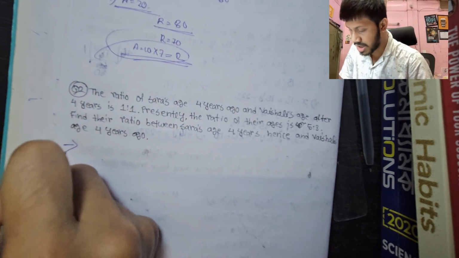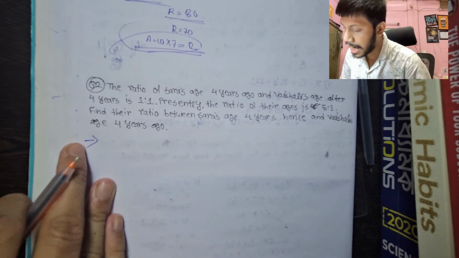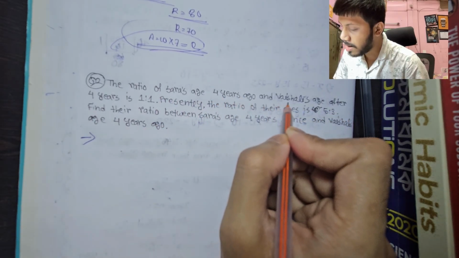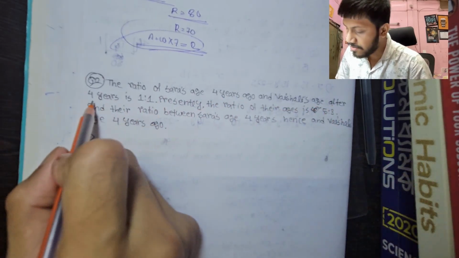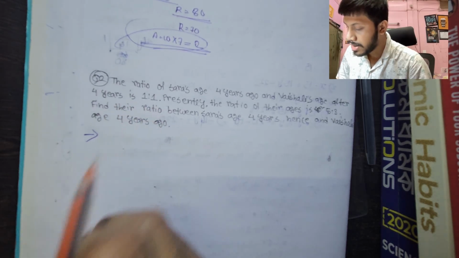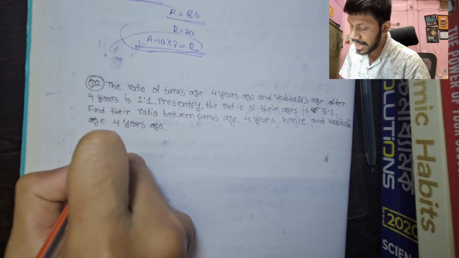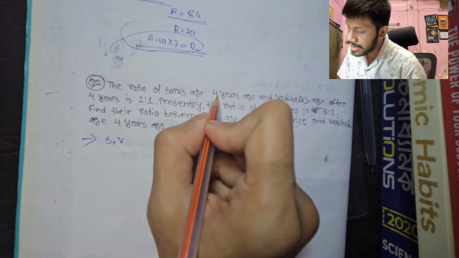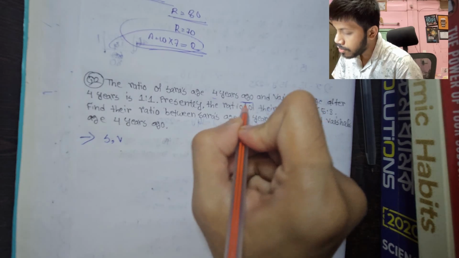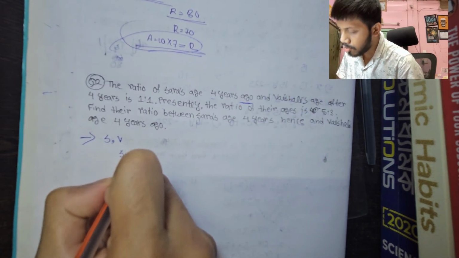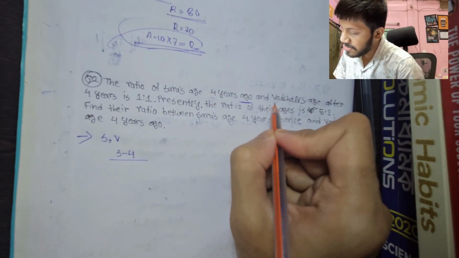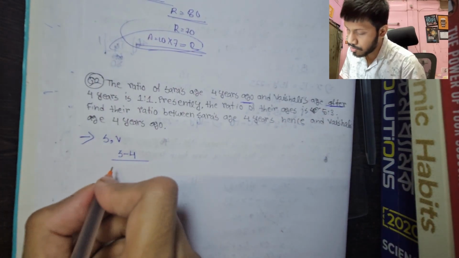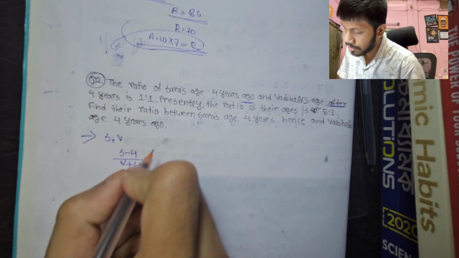Coming to the next question, they said the ratio of Sarah's age 4 years ago and Vaishali's age after 4 years is 1:1. So let Sarah be S and Vaishali be V. Sarah's age 4 years ago would be S minus 4, by Vaishali's age after, which means in future, so V plus 4.